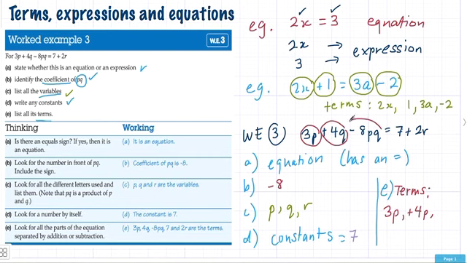Remember that every time you have an add or subtract, that's when it's a term. So the next one is negative 8pq. You don't worry about the equal sign. There's a 7. And the last term is plus 2r. So those are all our terms. All the parts that are separated by plus and minus signs are our terms.